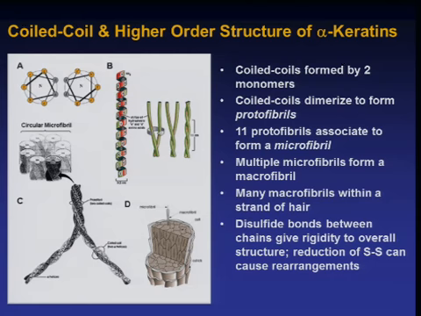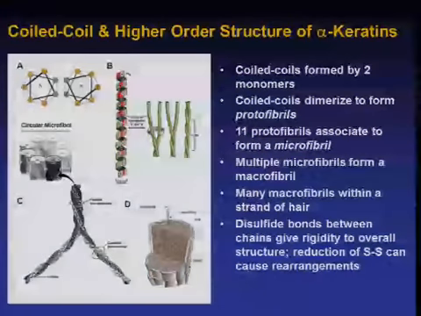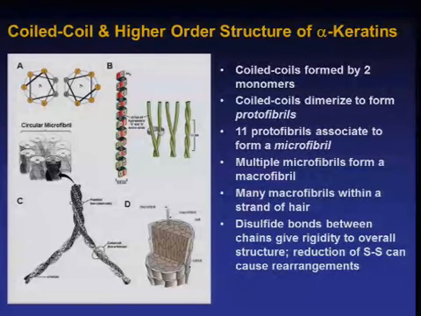When they pack in these bundles, they're called microfibrils, and then those can pack to give even bigger fibers, which are macrofibrils, and that is a depiction of, let's say, a cross-section of hair. So in the hair, you just have these bundled fibers that are these repeating units of the alpha keratins.